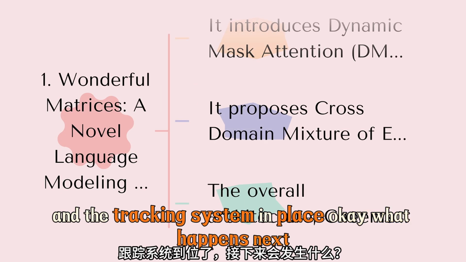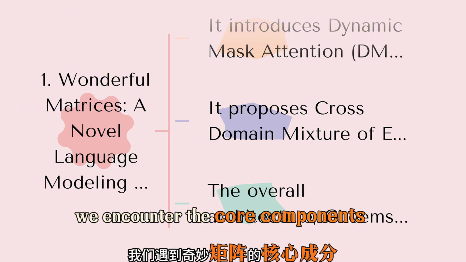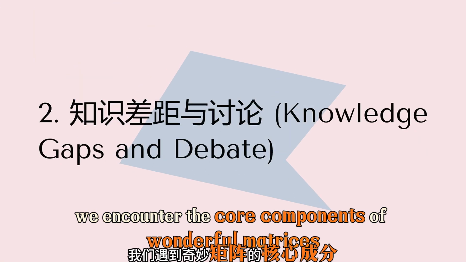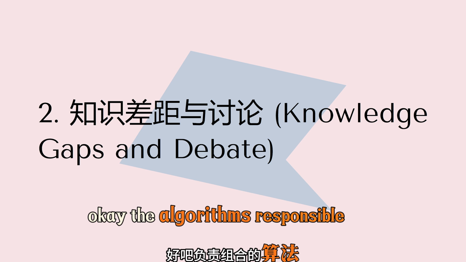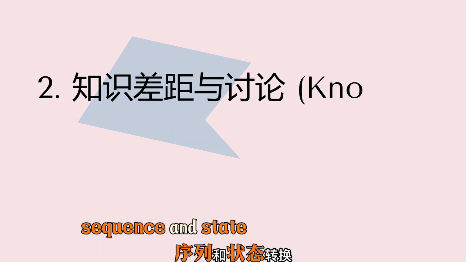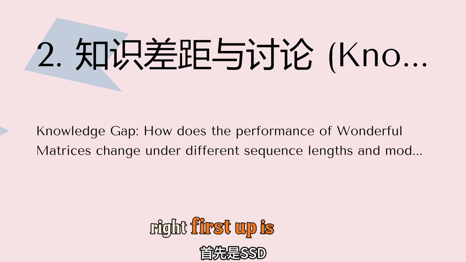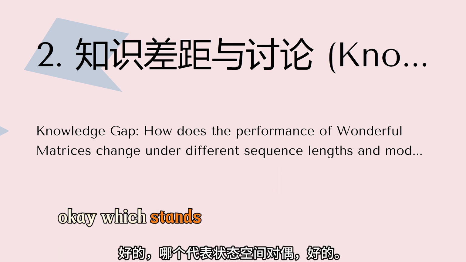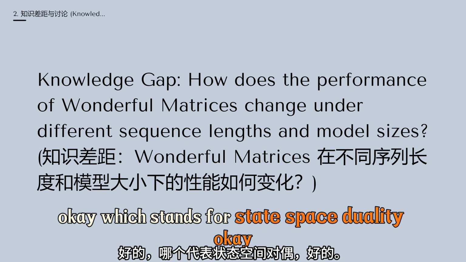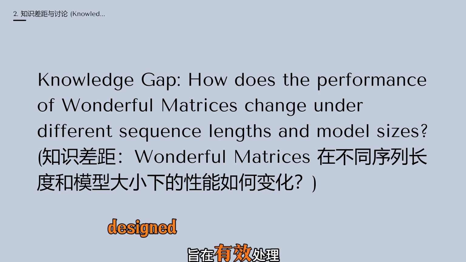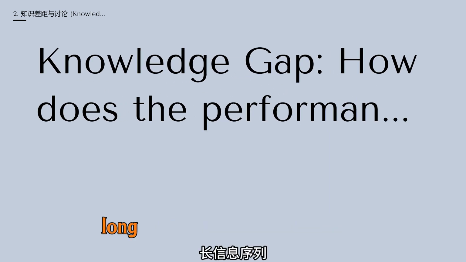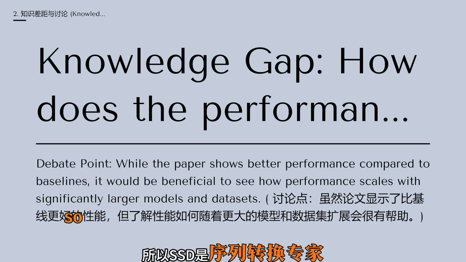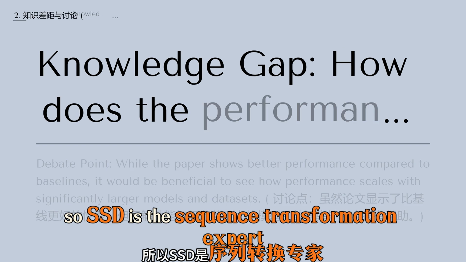What happens next? Next, we encounter the core components of the wonderful matrices, the algorithms responsible for combining sequence and state transformation. First up is SSD, which stands for state-space duality. It's a sophisticated algorithm designed to efficiently handle long sequences of information. So SSD is the sequence transformation expert? Exactly.